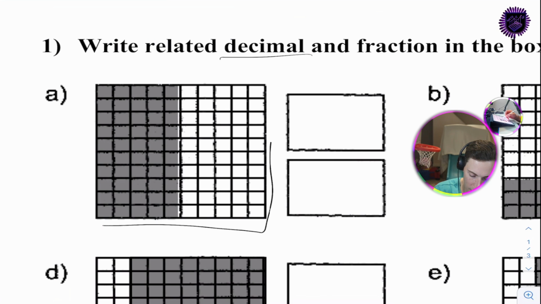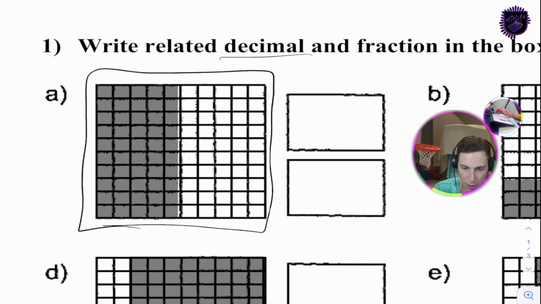We have 100 boxes here, so it'll be hundredths that we're talking about, and it looks like there are 5 rows, and those rows are each 10, so that decimal is going to be 0.50. Well, you can just do 0.5. That's totally cool.